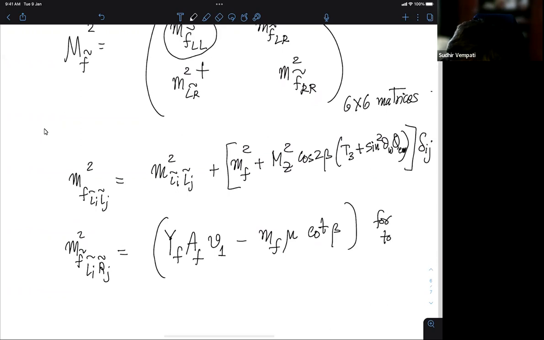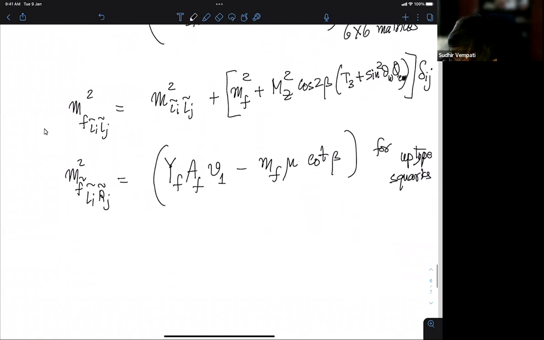For up type. Up type means stops, up type squarks essentially. There is only one up type squark, or in the electronic sector, you don't have this left-right mixing because there are no right-handed neutrinos.